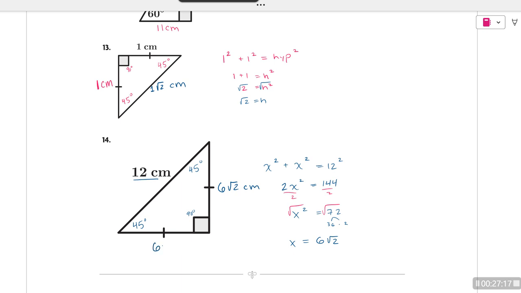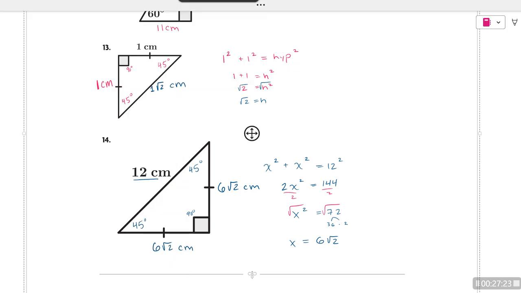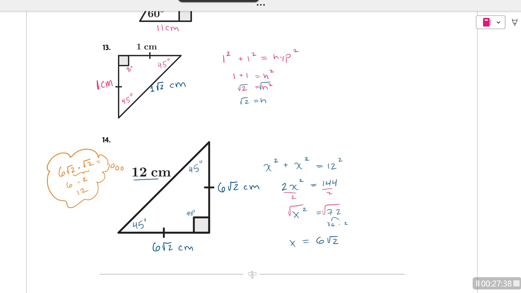Now, this one's not quite as obvious to see the pattern, but let's do this off to the side and think, does this pattern hold true? Is 6 root 2 times root 2 equal to 12? Well, root 2 times root 2 is 2, so we do actually get 12. That pattern holds true.